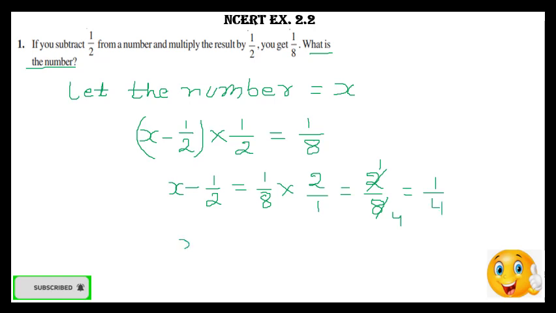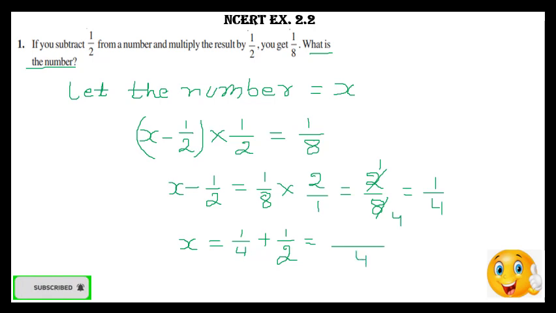Now we can transpose minus 1 by 2 towards the right side, and the value of x will be 1 by 4 plus 1 by 2, and we can find the equivalent of 1 by 4 and 1 by 2 with the same denominator. So the same denominator will be the LCM of 4 and 2, and it is 4.